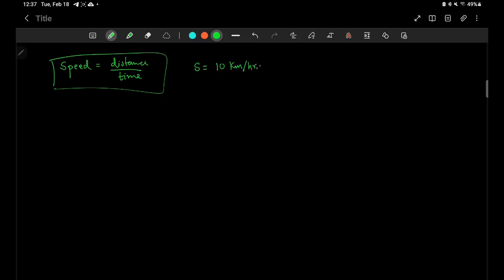Let's take some number like 10 km per hour. In this unit, kilometer is in the numerator, so kilometer is distance. Divided by symbol is there, so divided by hour is time. If you're unable to recollect this, just do it like this and get the formula. This is one concept which you should know.